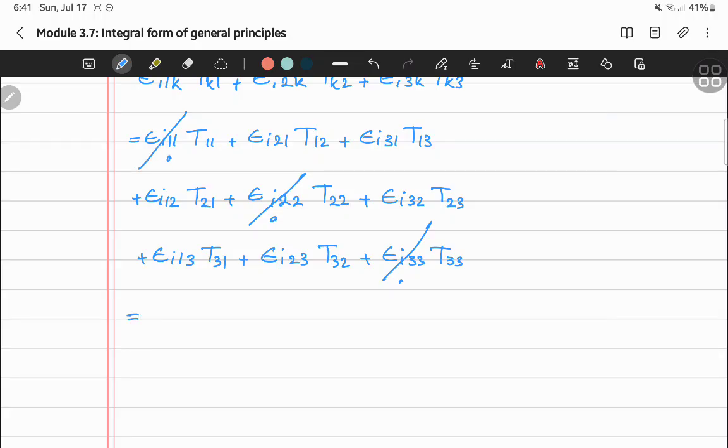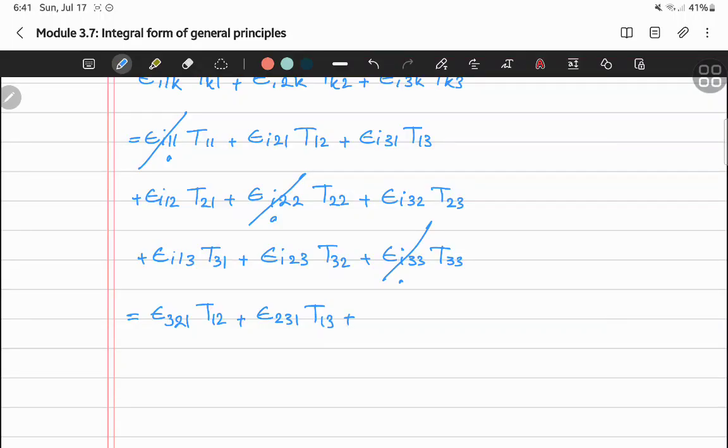So if, for example, I say that here i is 1, it becomes 0; with i as 2, this again goes to 0. So only here I can put 3: epsilon_312 t_12 plus. Here we have epsilon, so only i can take 2: epsilon_213 t_13 plus.